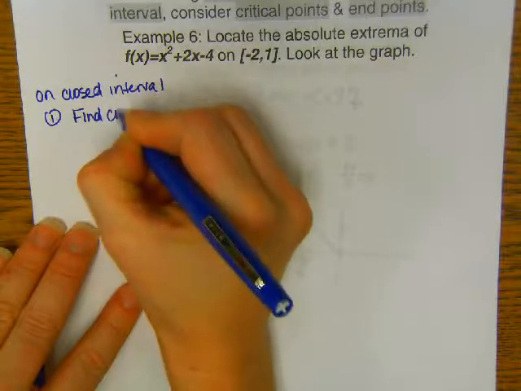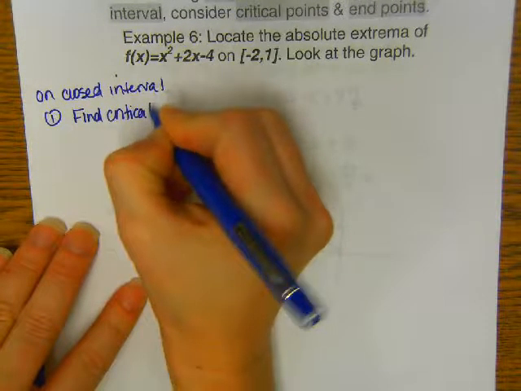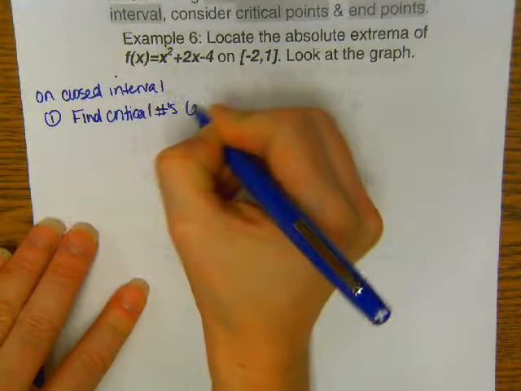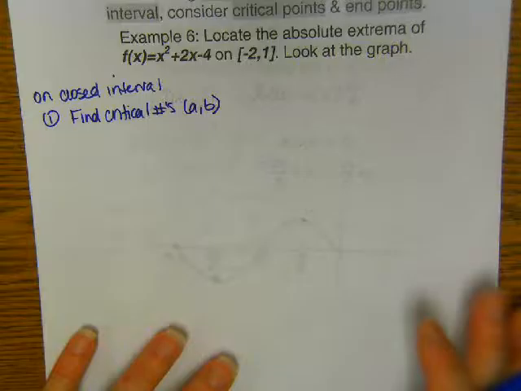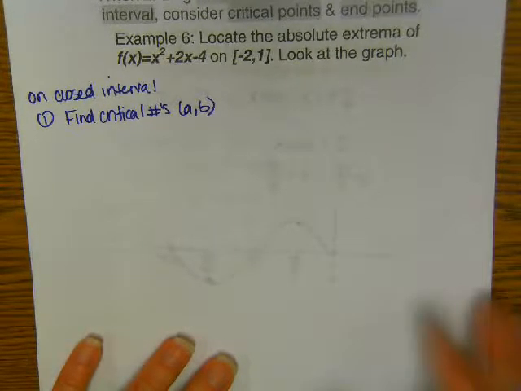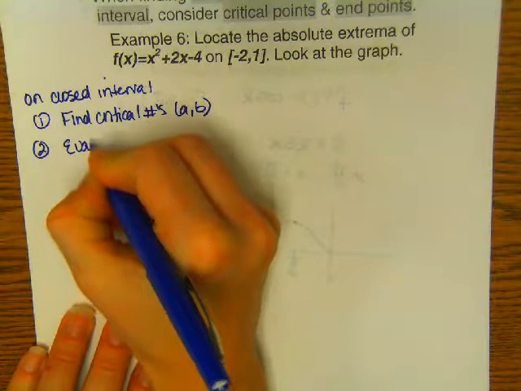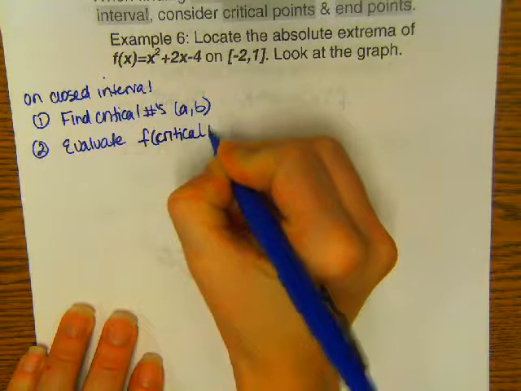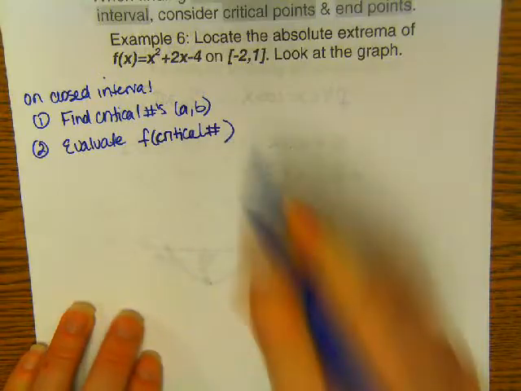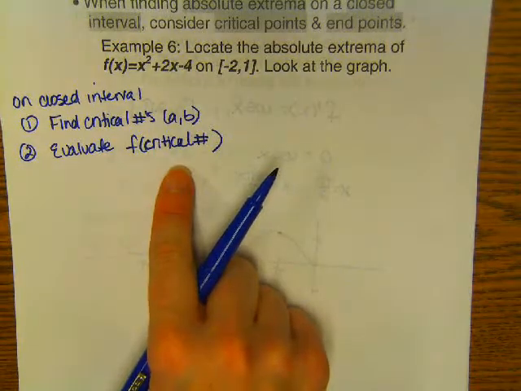So we don't include the endpoints at this point because they're not within the interior of the interval. Two, you're going to evaluate f at each critical number. So if you find critical numbers, find the y value there. Then you're going to evaluate f at each endpoint.